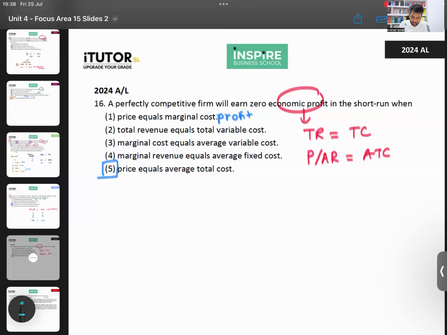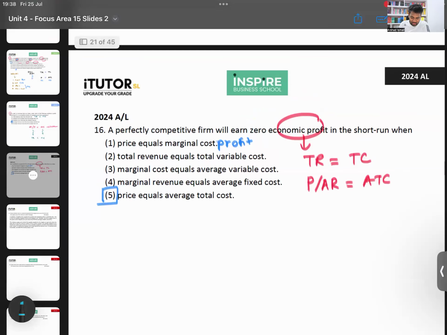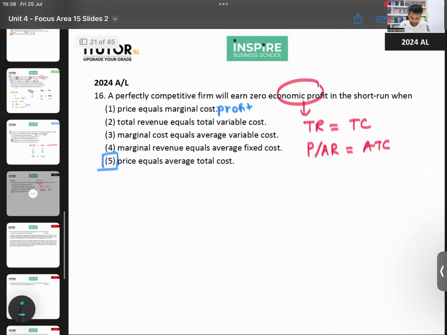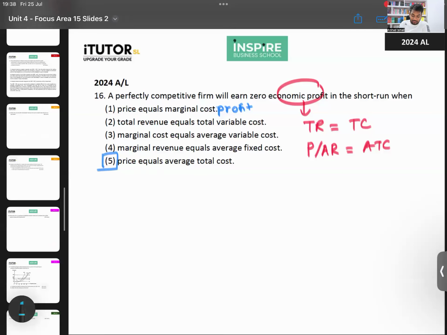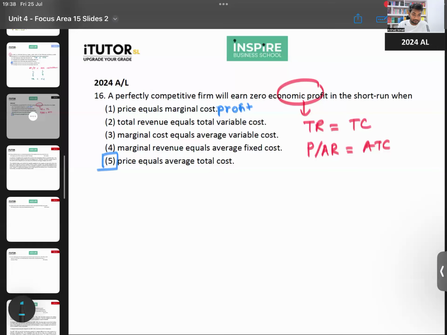So how did you all do overall? I think there were around 19 MCQs. How much out of 19 for focus area number 4? I would say, with only around 3 months to go for A-levels, a good mark would be at least around 12 out of 19.